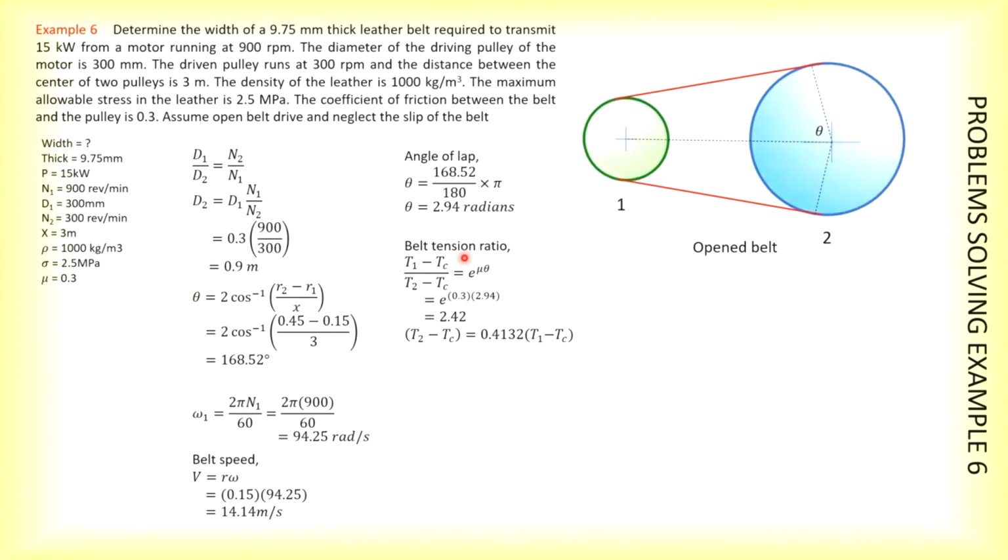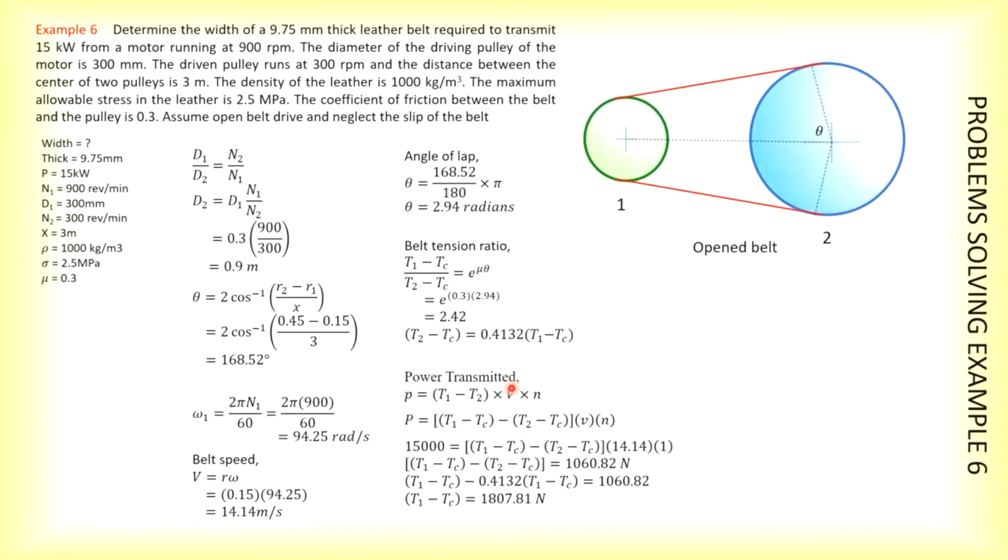So we use mu and theta, the coefficient of friction and the angle of lap. You found this equation here, but this time, instead of T1 minus TC, it is T2 minus TC, previously in terms of T1 minus TC. Now I'm just playing it around.